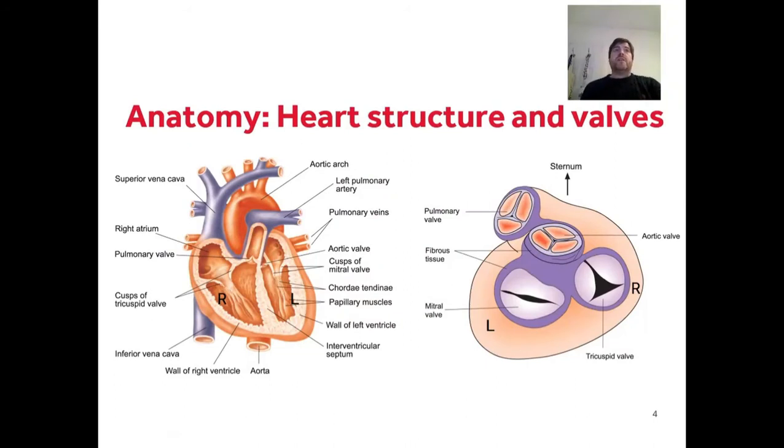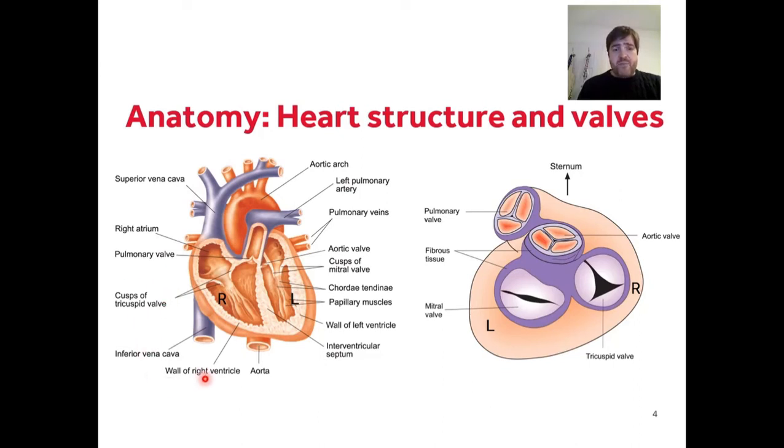So let's look at the heart structure again, and I've already described the reason why we refer to the right and the left. It's as if we're looking at the right or the left side of the heart, so they appear reversed in these kinds of diagrams.